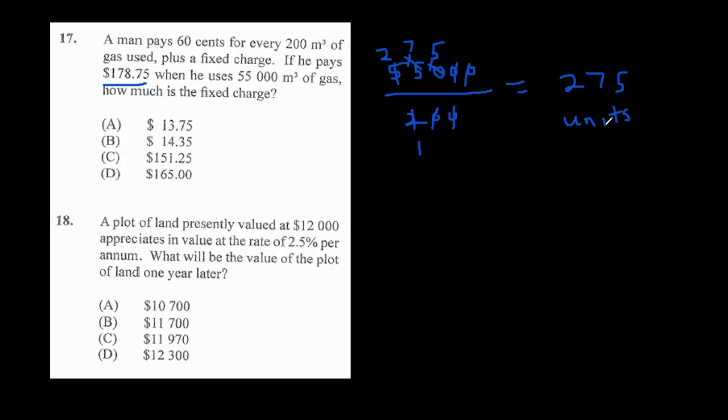Now, each unit of gas, I'm paying 60 cents. 275 by, don't use the cents, use it as $0.6, because everything is in dollars, right? So multiplied normally, you'll get 165.